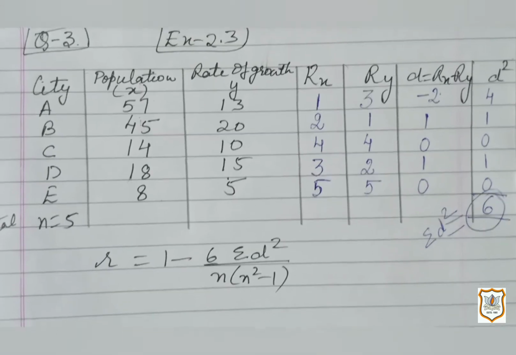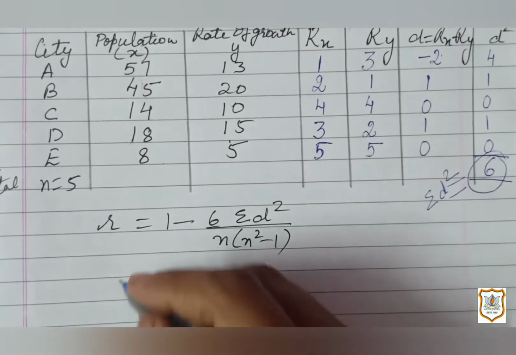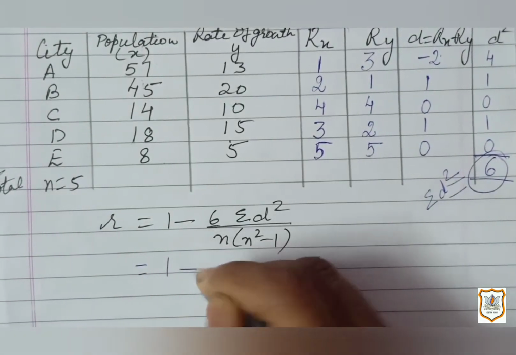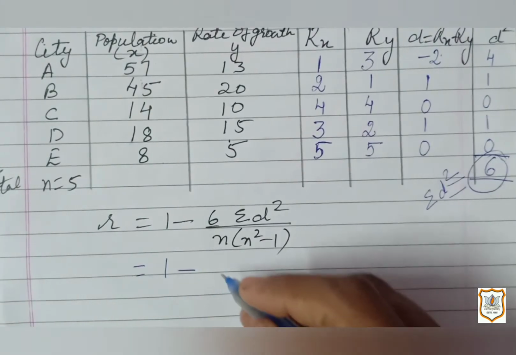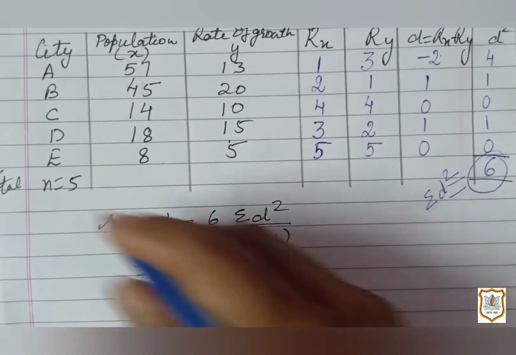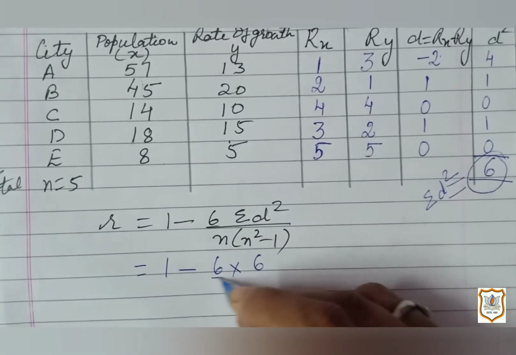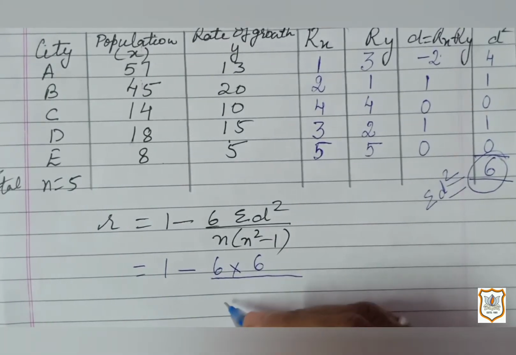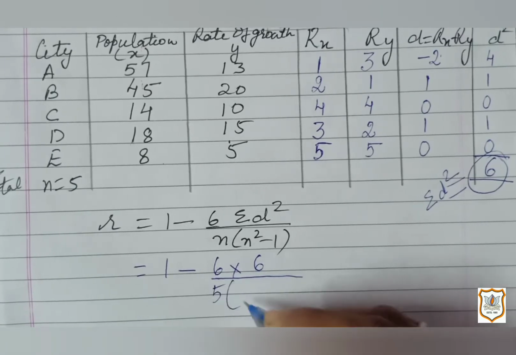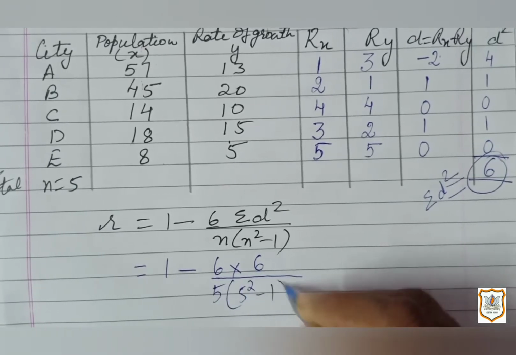Now let us substitute the values in the formula. So this will be 1 minus 6 into sigma d square, where the number of observations is 5 and sigma d square is 6. So 6 into 6 divided by 5 into 5 square minus 1.